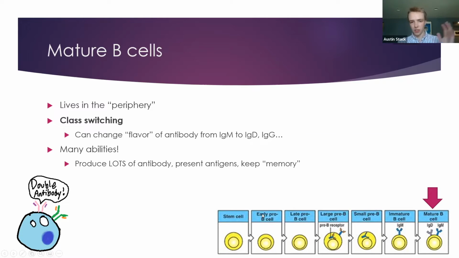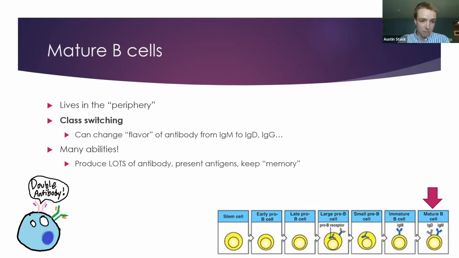As I said, class switching is basically when you switch classes of antibodies. So our first immature B cell here went from IgM to IgM plus IgD. It can do many more types, such as IgM to IgG. There's also IgA, IgE, and that also helps to generate diversity.